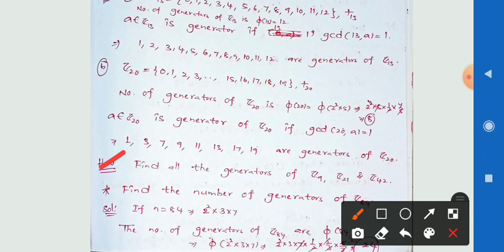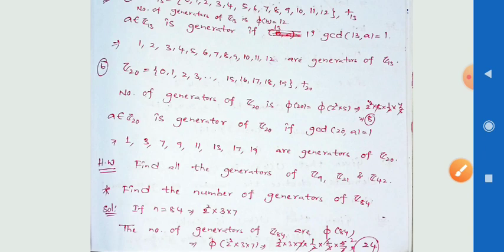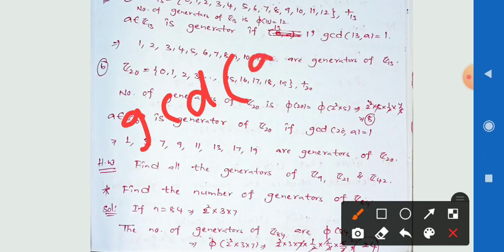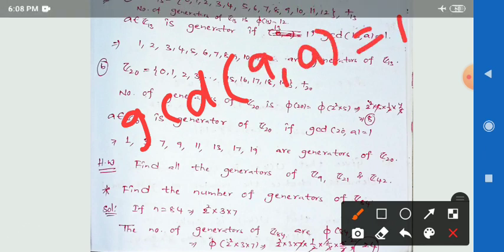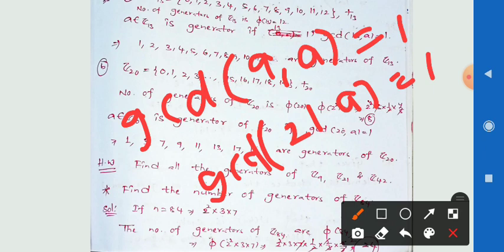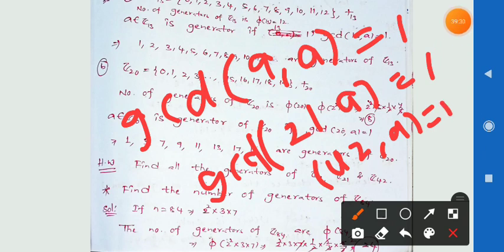Similarly, by following this condition, if the GCD of 9 comma A is equal to 1, then A is a generator.